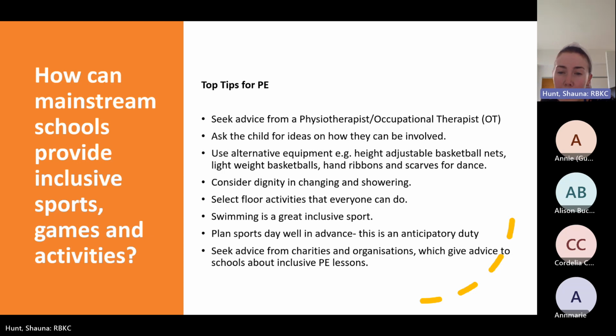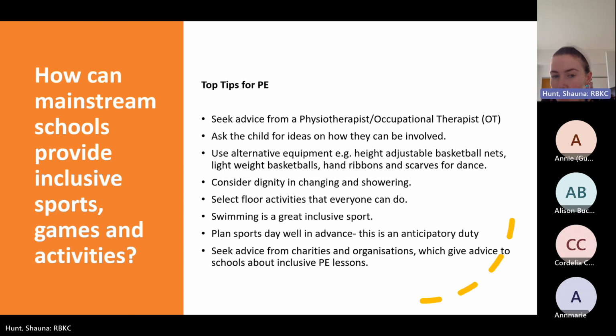There's also charities and organisations which give free advice to schools about inclusive PE lessons. They also sometimes provide training about modifying games to suit a range of abilities. I'll name these charities and organisations at the end of the presentation as well, so you can take a look at them after if you like.